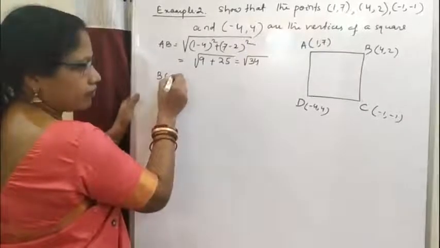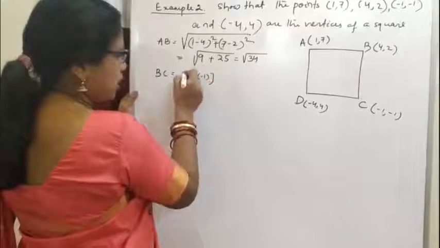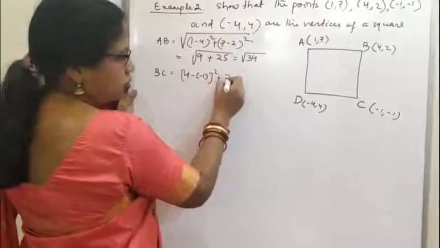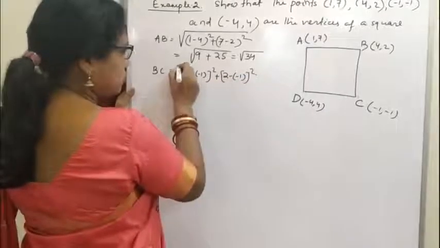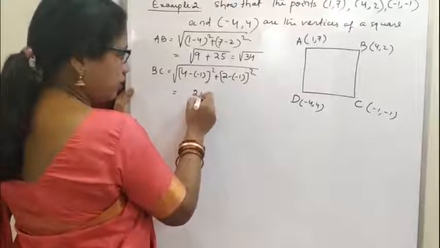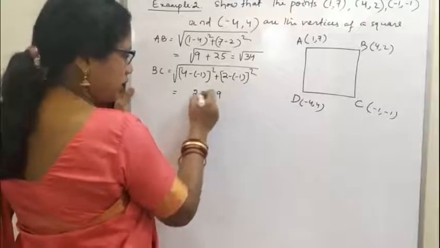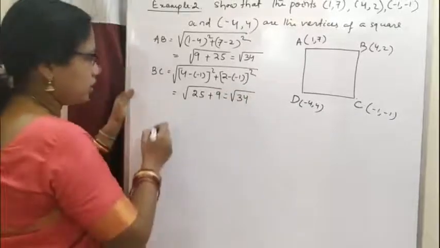Then BC. BC is equal to (4 minus -1) whole square plus (2 minus -1) whole square. So this is 5 square, 25, plus 3 square, 9. So this is equal to square root of 34.